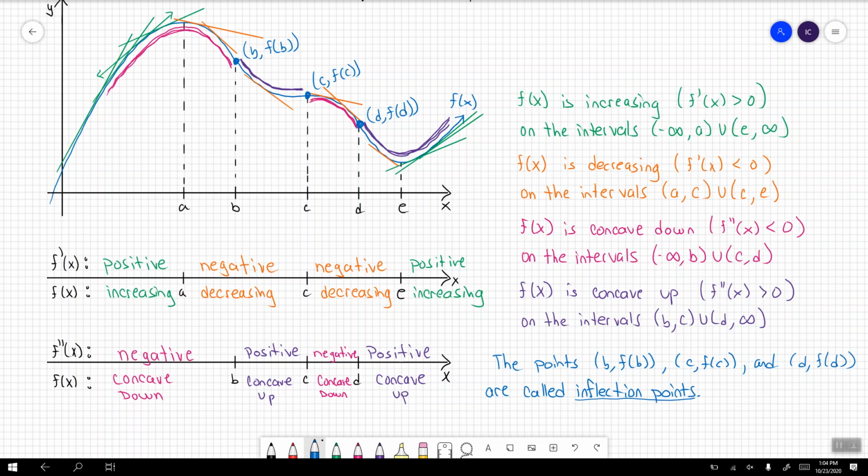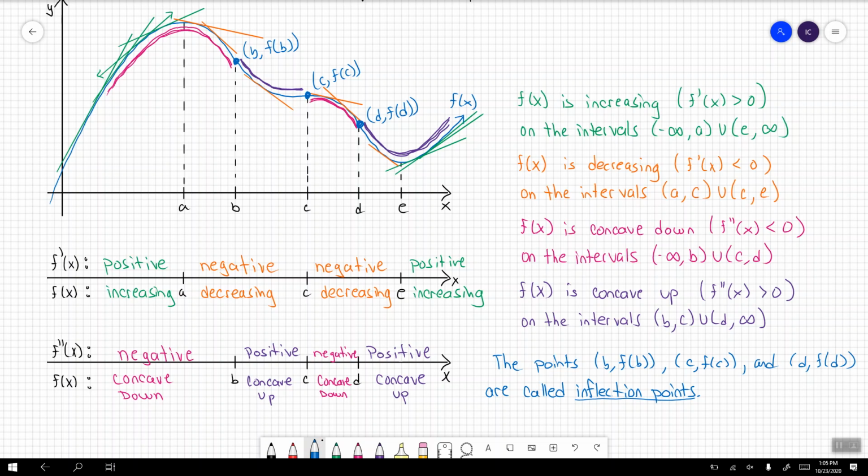Okay, so why is it important to know this? Well, from this particular graph, if we use the first derivative, where the first derivative switches from a positive to a negative sign, or from negative to positive, we're either going to have a maximum or a minimum value depending on what sign switches.